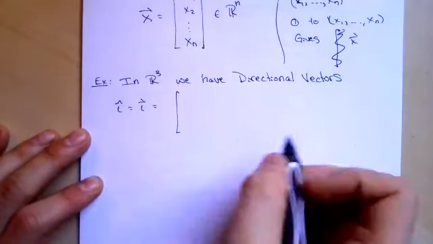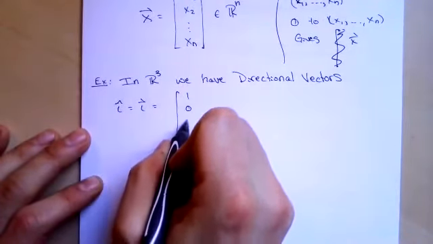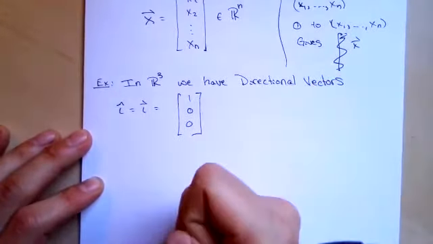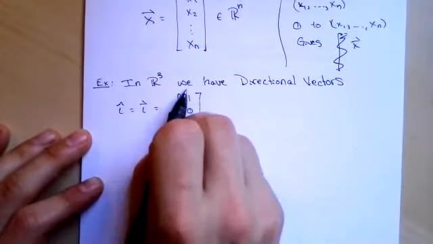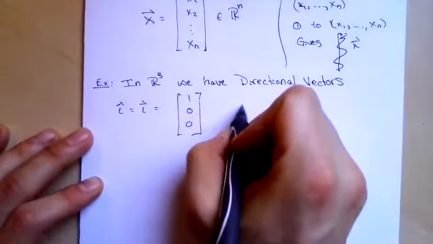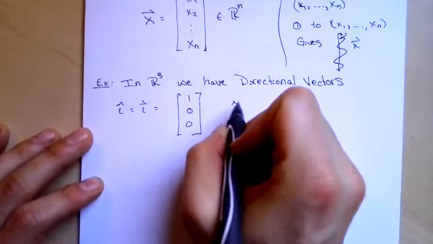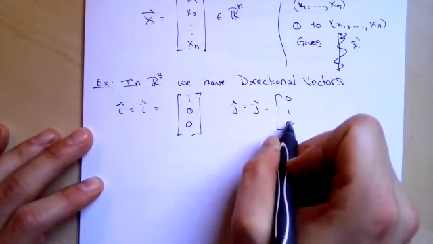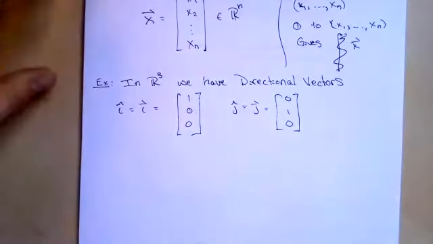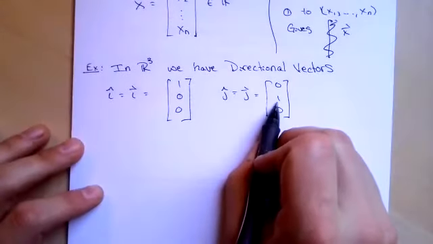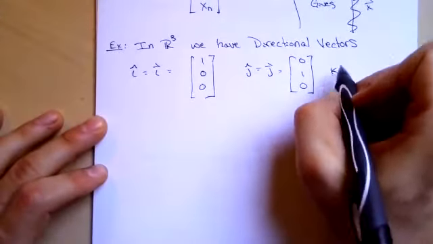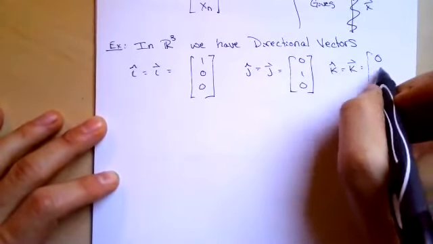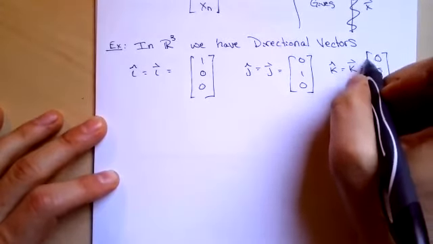That is the vector pointing in the x direction, so (1, 0, 0). If you consider our coordinates x, y, and z, it's just pointing with a length of 1 in the x direction. The j vector points in the y direction, and then the k vector points in the z direction.